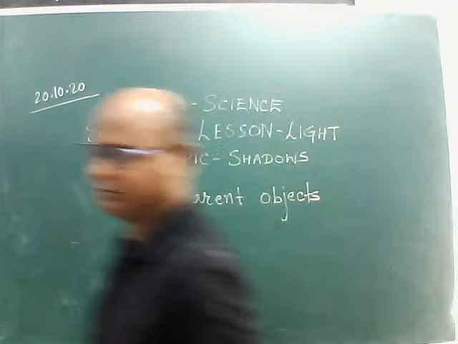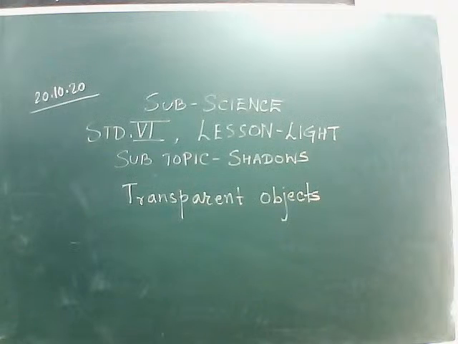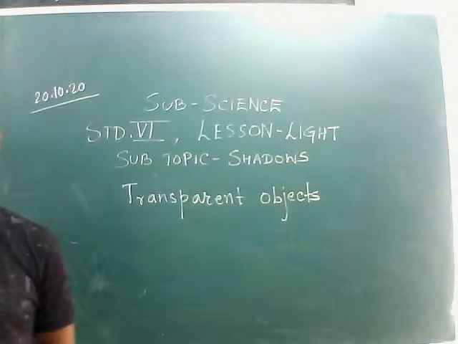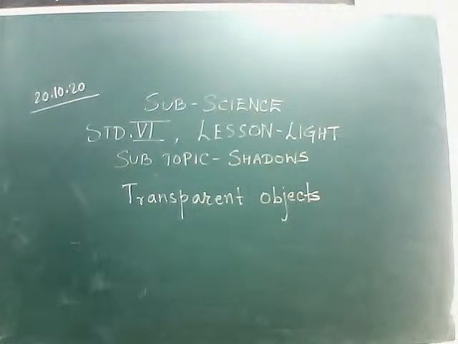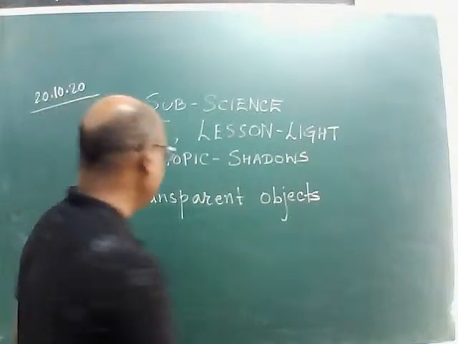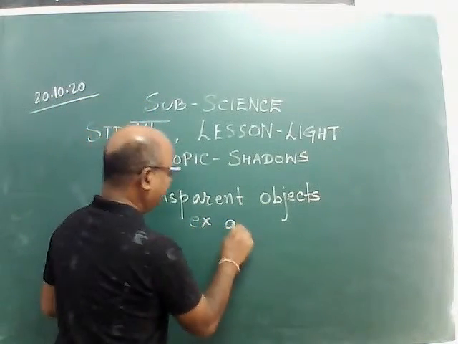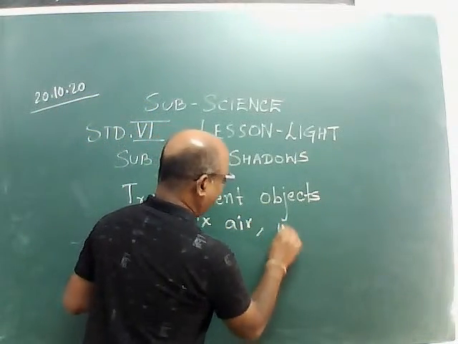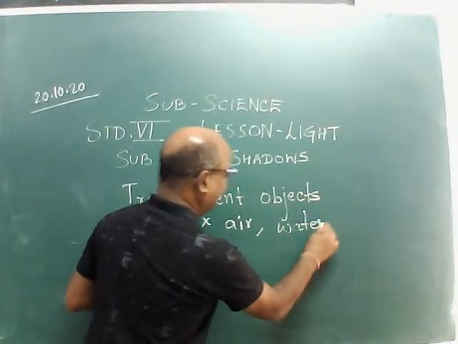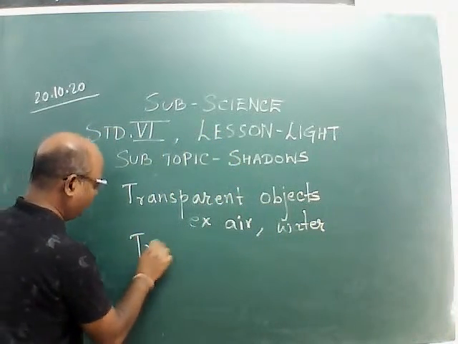Give the definition. Abhishek Singh gave very correct examples, air and water, and Shardul gave a very correct definition: objects through which light passes, through which we can see very clearly. Elias gave the correct answer. Very good. Examples: air, water.